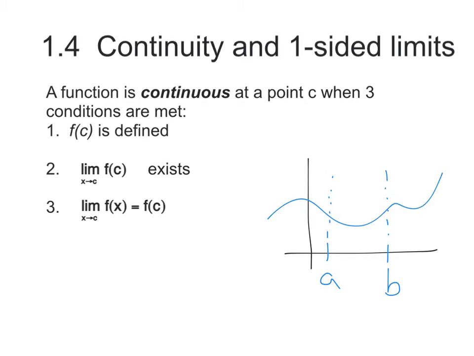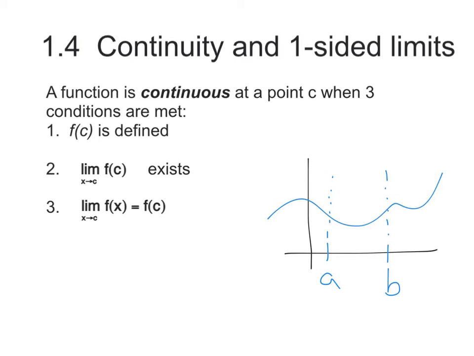Anywhere between A and B, here the function at A and here the function at B. Anywhere in between here, the function is continuous. It doesn't end because of these three things. F of C is defined. Any value of C in between is going to be defined. It has a y value. The limit is going to exist in there. And whatever the limit is, it's actually equal to that particular value.